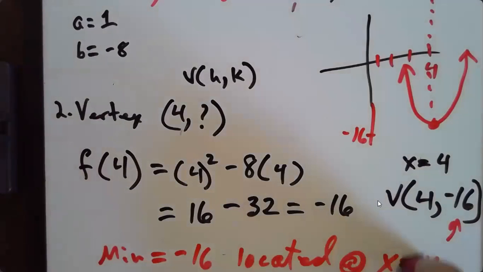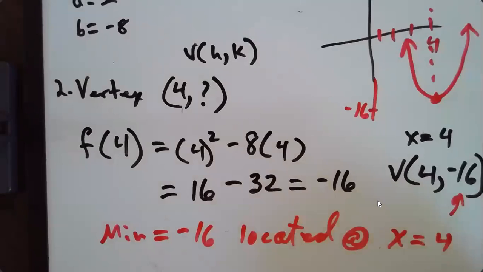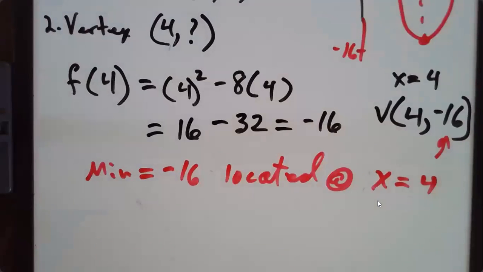Is that clear? x equal 4. Now they may write it differently, but basically it just comes down to whatever the vertex is.